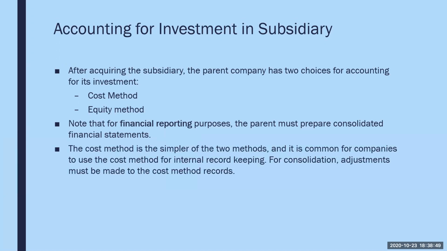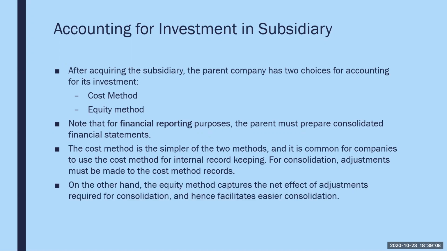As I was mentioning, the cost method is simpler compared to the equity method, and it's fairly common for companies to use the cost method for internal record keeping, and for consolidation, adjustments have to be made to the cost method records.